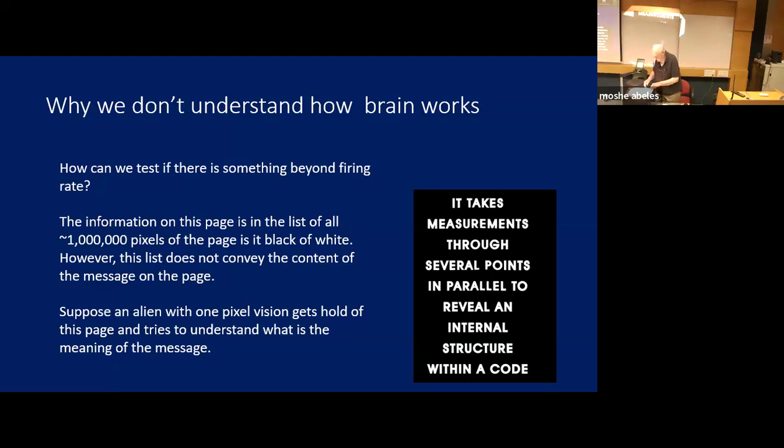Now, suppose you measure simultaneously through two pixels. You would see many cases like this where both of them are white. There are fewer cases than when only one pixel is white, but the number of cases that you see something like this is much higher than expected if the white dots were scattered at random on this page.